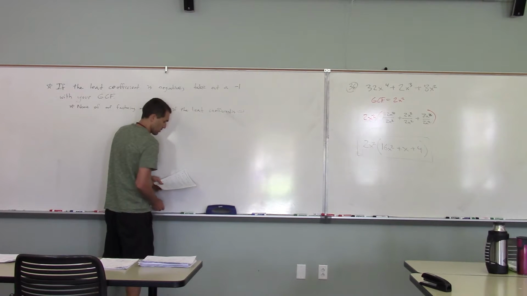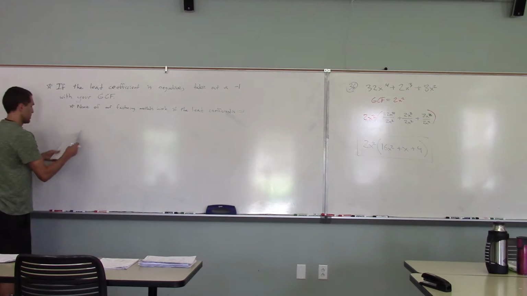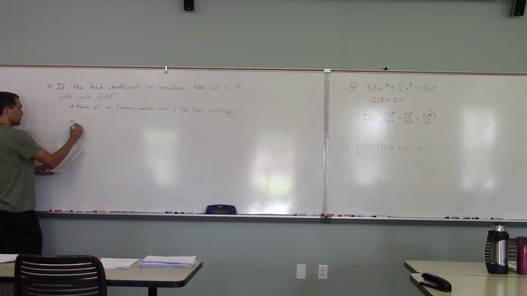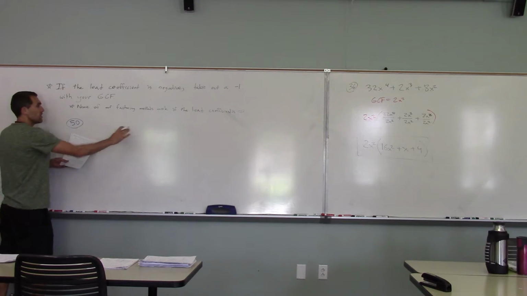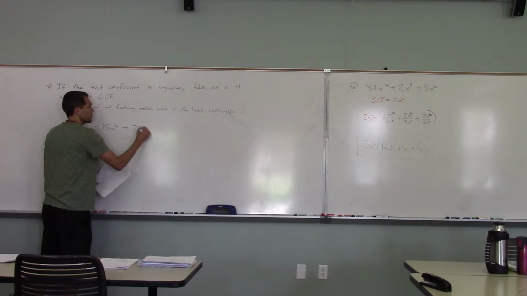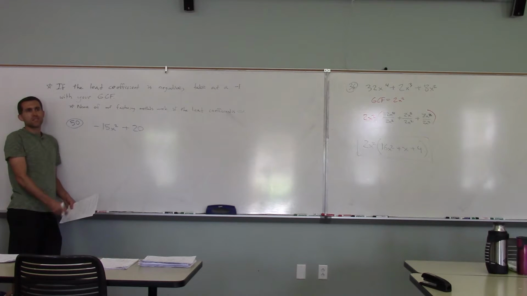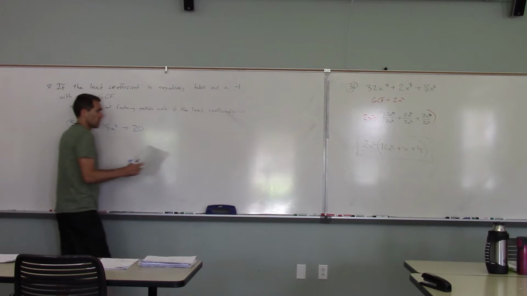Alright, so let's just do a couple examples of this, just 2 should be enough. Here's an example, same type of problem as before, the only difference is when we write it in order, our highest power of x is first, but the lead coefficient's negative. And off to the side, I'll do one more example.